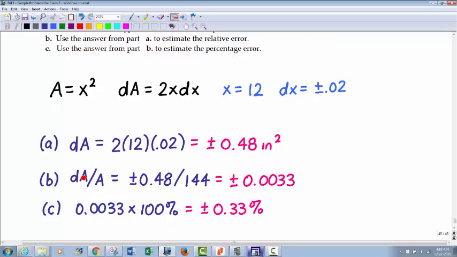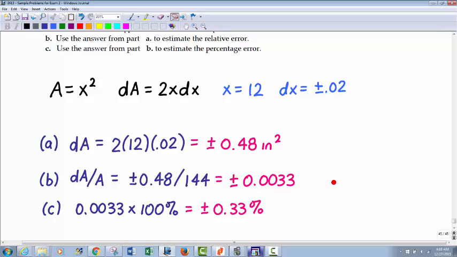You divide that by the calculated area of the tile. The 144 comes from a 12-inch tile being 12 times 12, so 144 square inches. So you take plus or minus 0.48, divide by 144, and that gives you 0.0033.